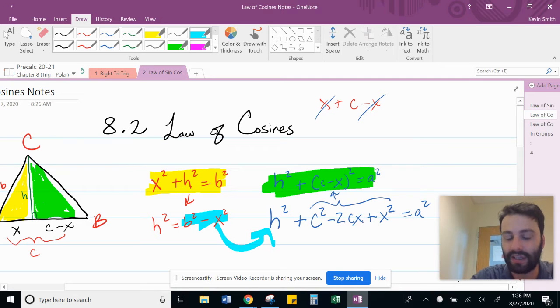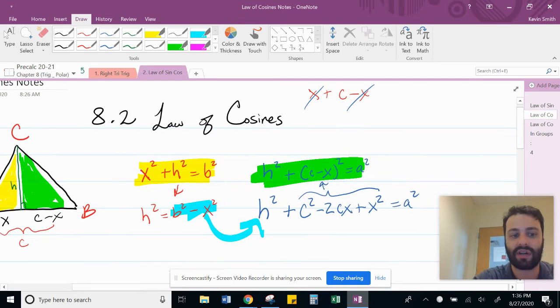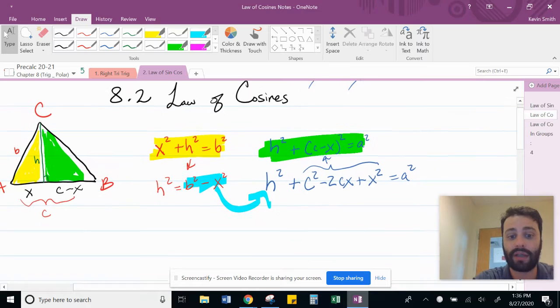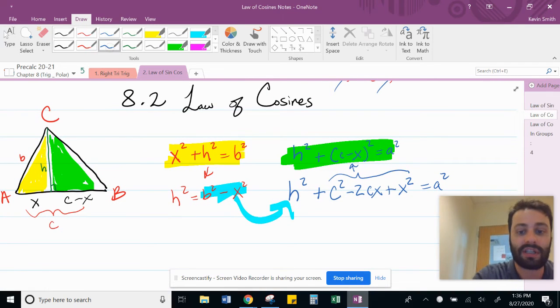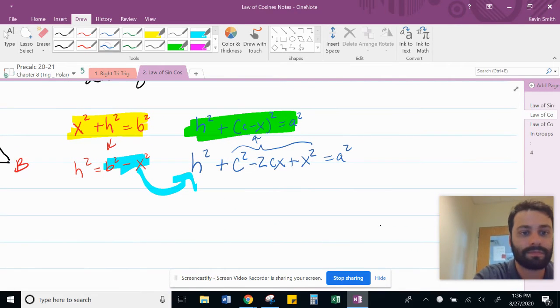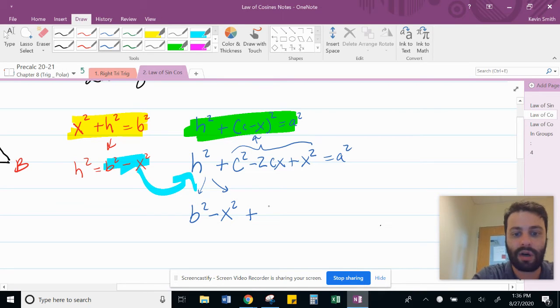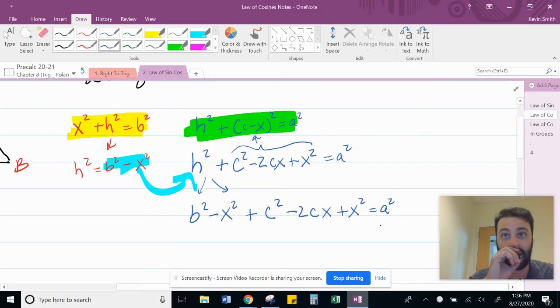Now we're getting rid of some of our variables that we don't really need right now. So this will turn into b squared minus x squared, and again, that's what h squared is, plus c squared minus 2cx plus x squared equals a squared.